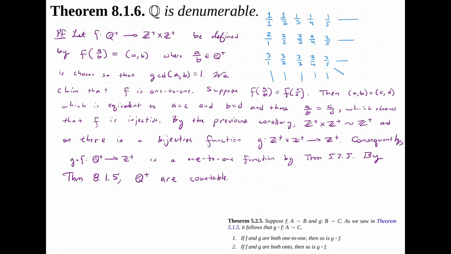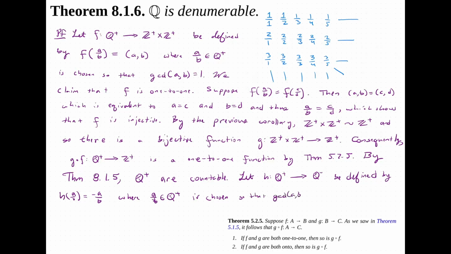Indeed, let's go ahead and let h be the function from the positive rational numbers to the negative rational numbers defined by h of a over b is sent to negative a over b, where a over b, the input in the rational numbers, is chosen so that the GCD is 1, so that guarantees that we have a function. I leave it to you to verify that h is a bijection.